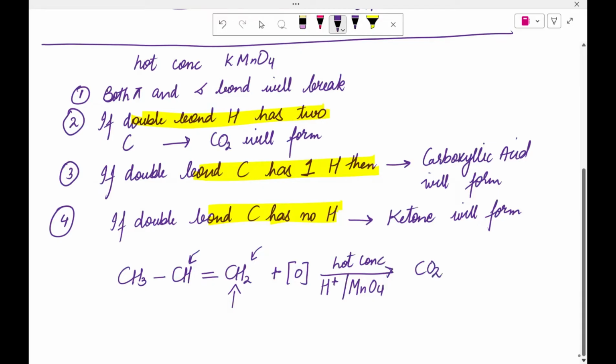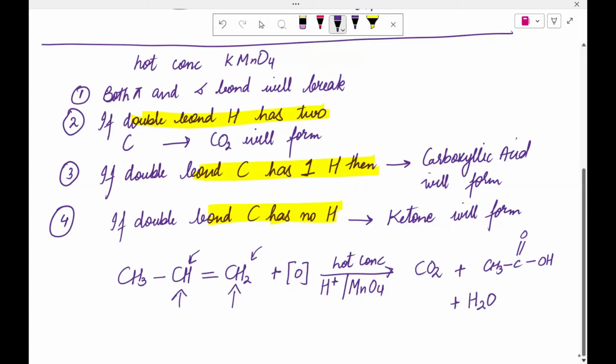As it has one hydrogen, there'll be the formation of carboxylic acid, and we know it would be CH3COOH. And there'll be the production of water as well along with it.